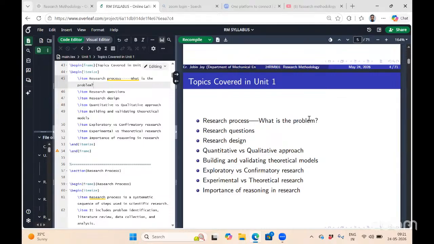So theoretical model means these are the mathematical representations of the actual system or conceptual representation of the actual system. For example, you can think about a robot simulation model. This is an example of a theoretical model. Fluid flow equation, because this is the mathematical representation of the actual system. Economic prediction model, supply chain simulation, digital twin model is, again, an example of theoretical model because this represents the mathematical representation of the actual system.